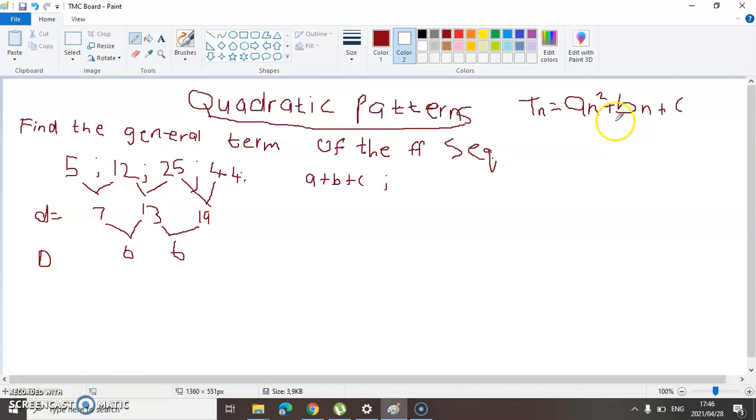When you substitute 2 in place of n here, you can do the calculations and see for yourself. What do you get? You get 4A plus 2B plus C. This is the second term.